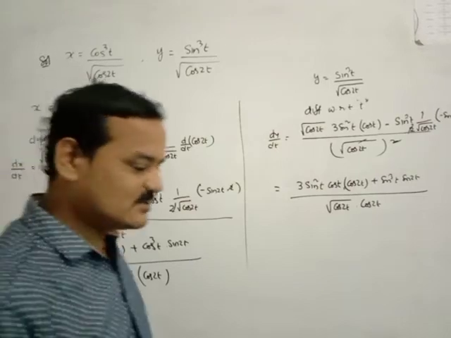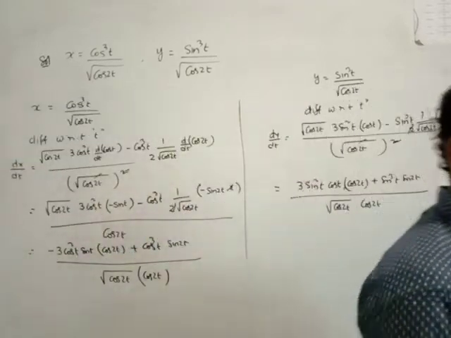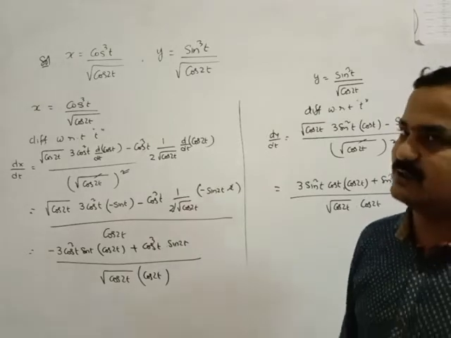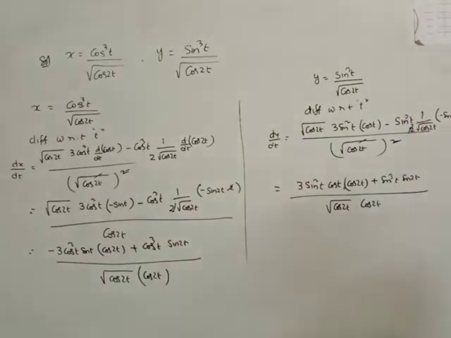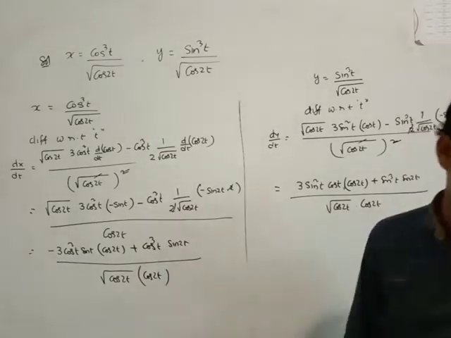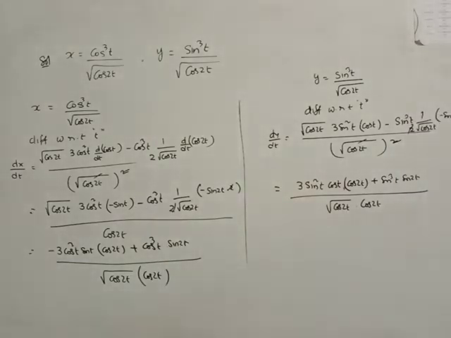Now we are going to simplify to find dy by dx. How can you find dy by dx? dy by dx is equal to dy by dt whole by dx by dt. For dy by dx you need to go for dy by dt by dx by dt.